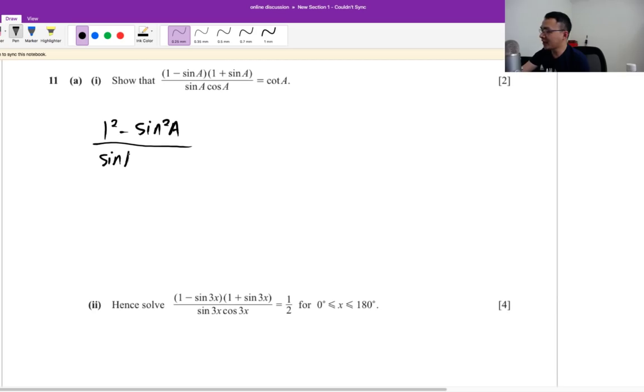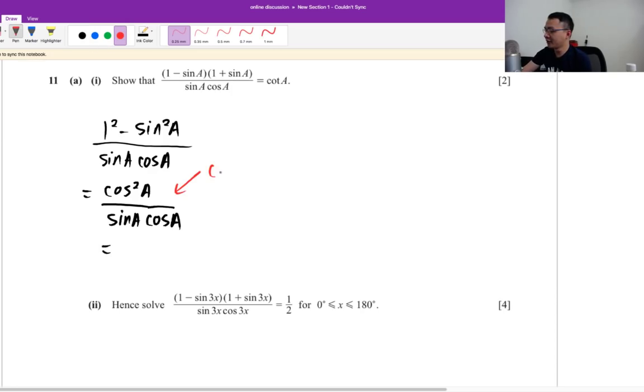So this is sin A cos A. So 1 minus sin squared, you get cos squared A over sin A cos A. And you should know cos squared A basically means (cos A) squared. It's the same idea, alright? Then cos A and cos A, I will simplify. I get cos A over sin A. Then I get cotangent A. Shown. Alright, just like that.